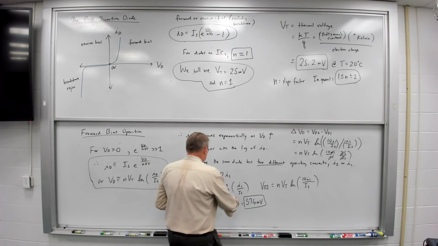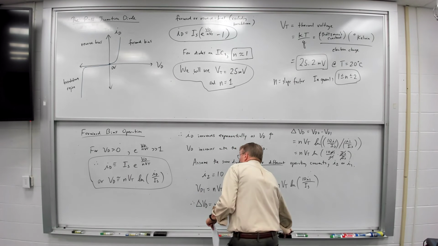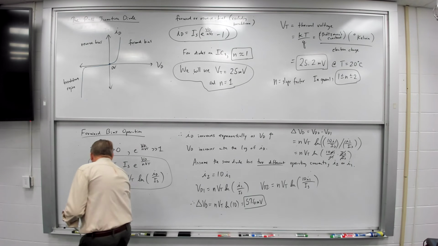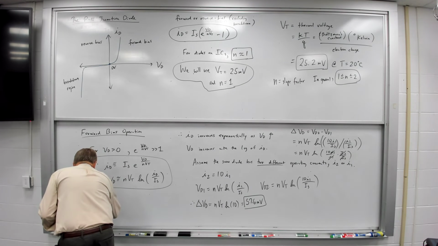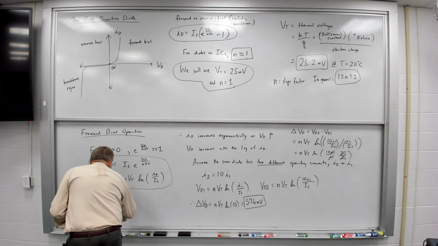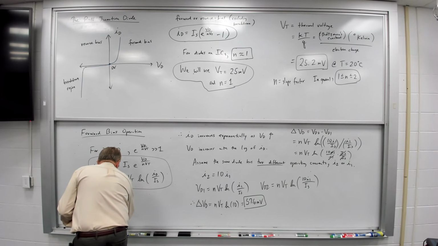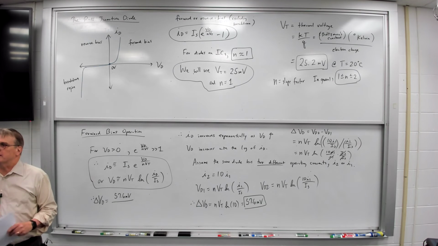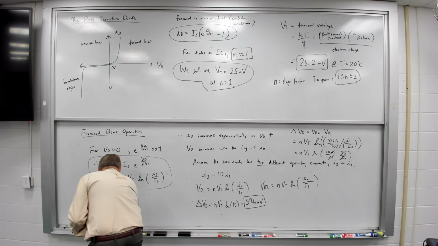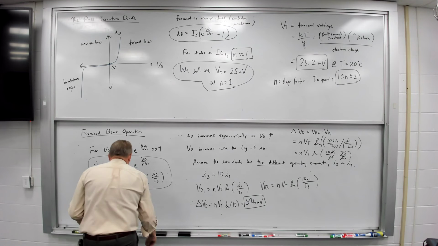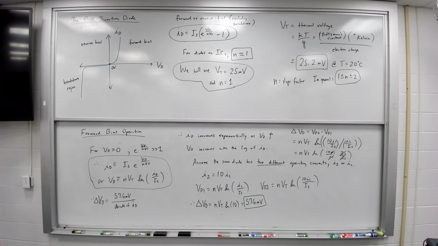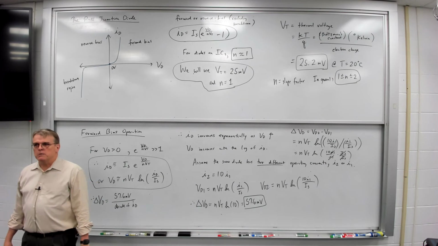So delta Vd is, more accurately, 57.6 millivolts per decade of current. No matter what current I'm pushing through that diode, if I increase that current by a factor of 10, then Vd will increase by 57.6 millivolts.